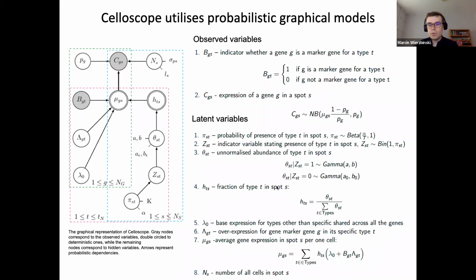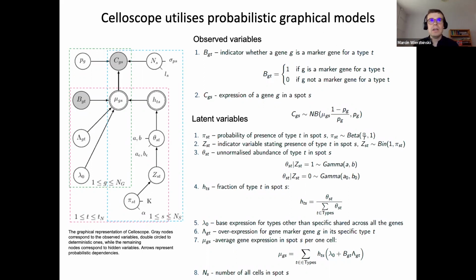We have 2 types of variables: observed variables and latent variables, the hidden variables. This representation is extremely useful because, from a probabilistic perspective, we sometimes have problems modeling a huge space of variables.